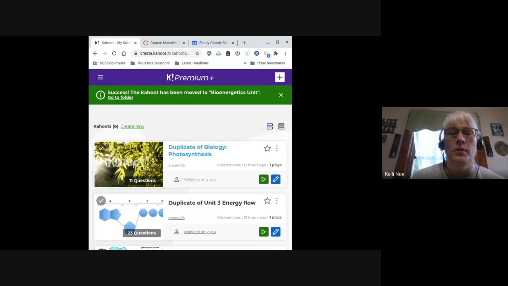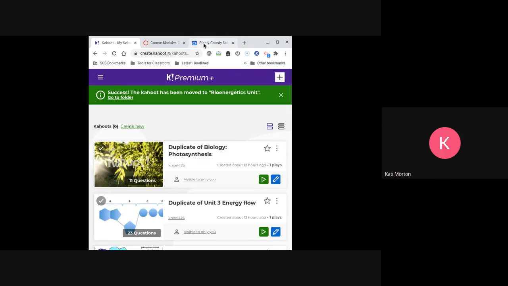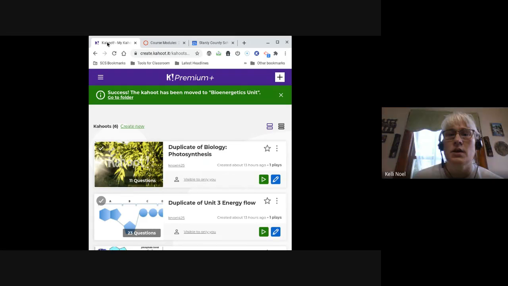So you see how I have 3 different tabs right here. If you click on one and drag it, it'll come in its own window. Then you can drag it over to the side, and you have the presentation on one side and Kahoot on the other.